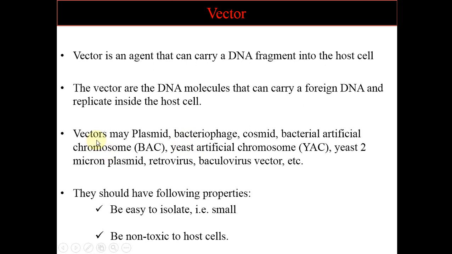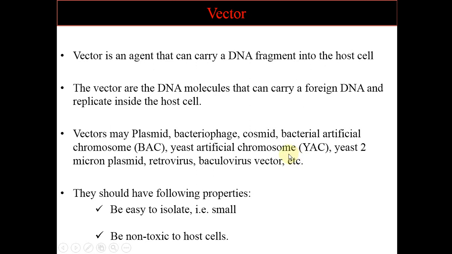Okay, so there are different types of vectors which can be used, like plasmid, bacteriophages, cosmid, bacterial artificial chromosomes or BAC, yeast artificial chromosome, YAC, retroviruses, baculoviruses, agrobacterium plasmids.